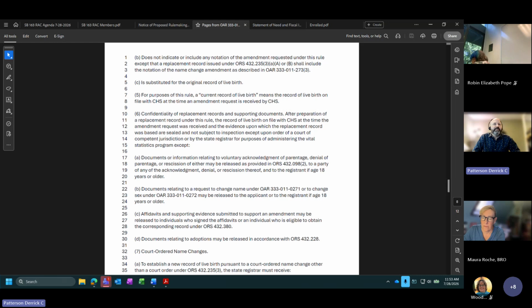C, affidavits and supporting evidence submitted to support an amendment may be released to individuals who sign the affidavits or an individual who is eligible to obtain the corresponding record under ORS 432.380. D, documents relating to adoptions may be released in accordance with ORS 432.228. Any questions or feedback on section 6?